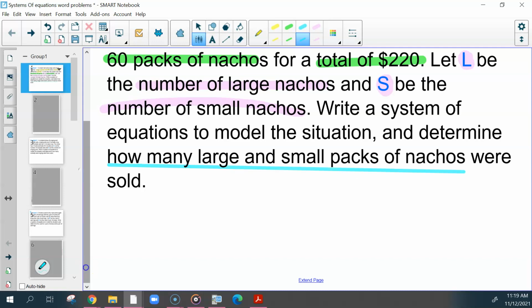So anytime you get a word problem, circle, highlight, underline, anything that you find important: numbers, variables, what it's asking for. If it gives you variables and defines those variables, you don't have to make up those definitions, but you do need to write those down. So let's do that. L is the number of large nachos.